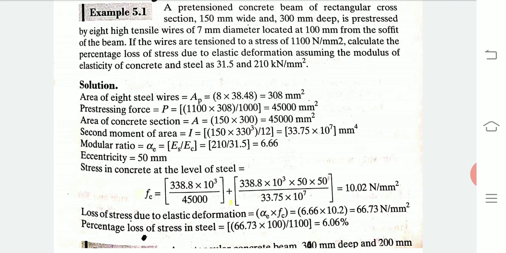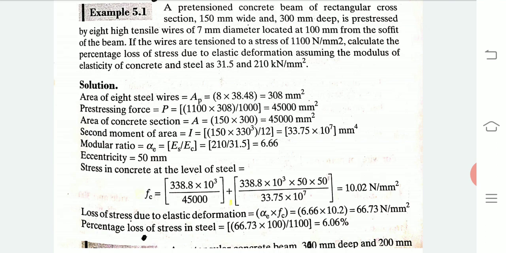We know the definition of stress is force upon area, therefore force will be equal to stress into area. Given stress is 1100 multiplied by 308, the area of the total pre-stressing wires, and we divide it by 10 so that we can convert it into kilonewton.